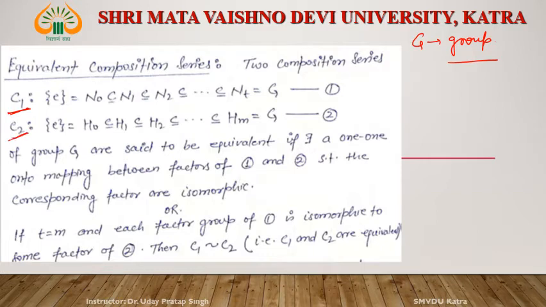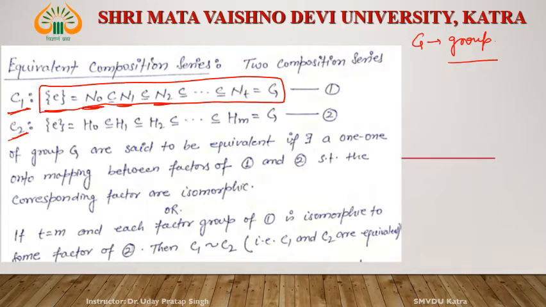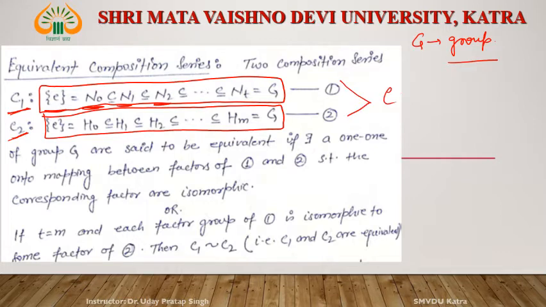C1 is E equals N0, subset of N1, N2, up to Nt, where N0, N1, N2, Nt are subgroups of G. This is a sequence of subgroups, and this is another sequence of subgroups. Then equations 1 and 2 are composition series. If 1 and 2 are different composition series, then they are equivalent.